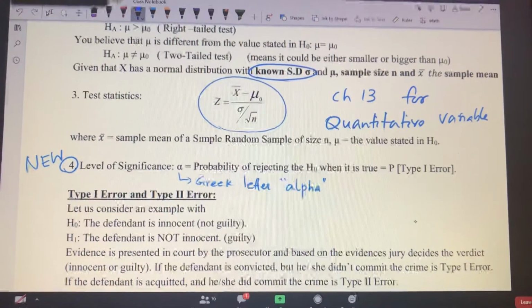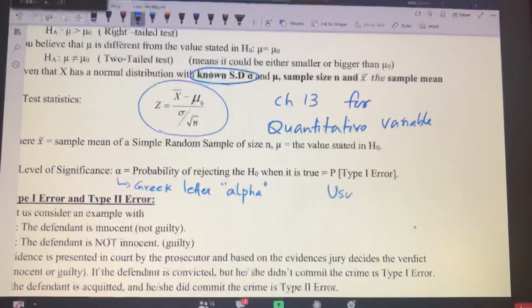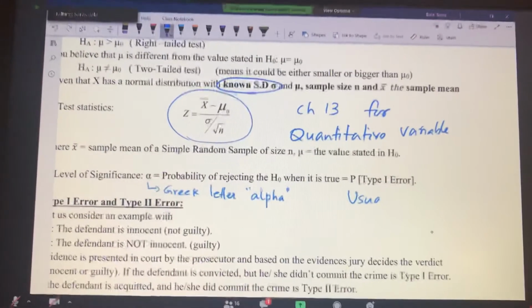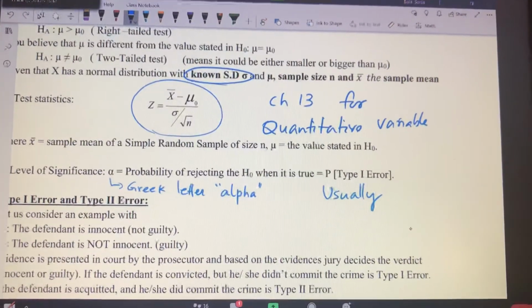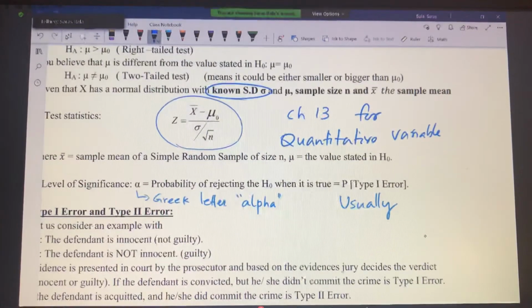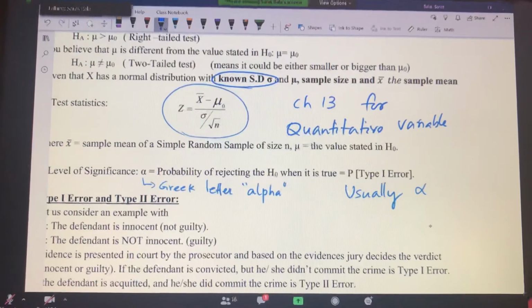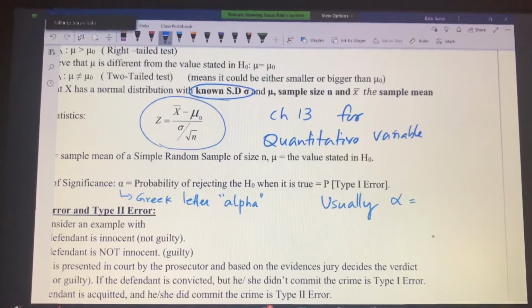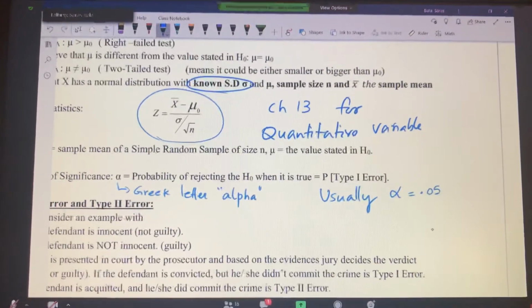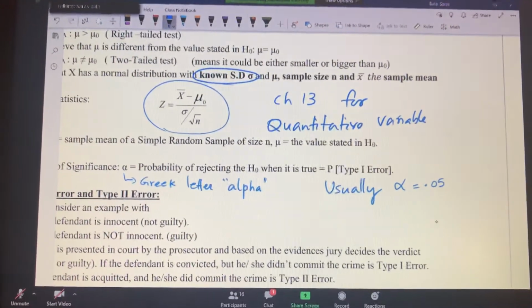I will come back to this point later, but usually, like how we fix the number for confidence level, which is 90 percent or 95 percent or 99 percent, here this alpha is the complement of your confidence level. So this alpha is usually 5 percent when you talk about the 95 percent confidence limits.